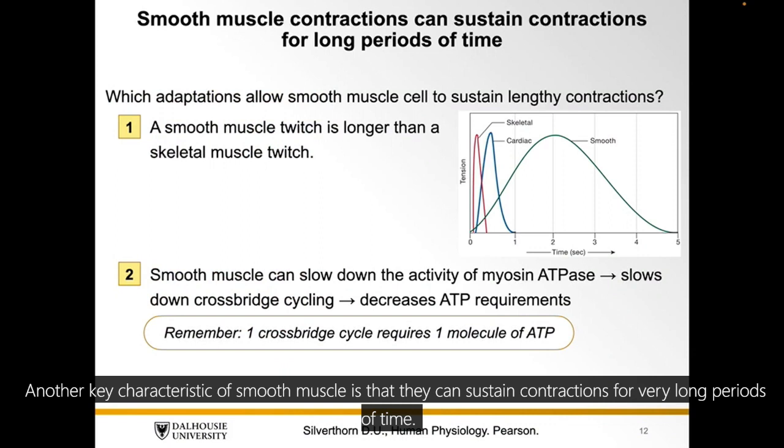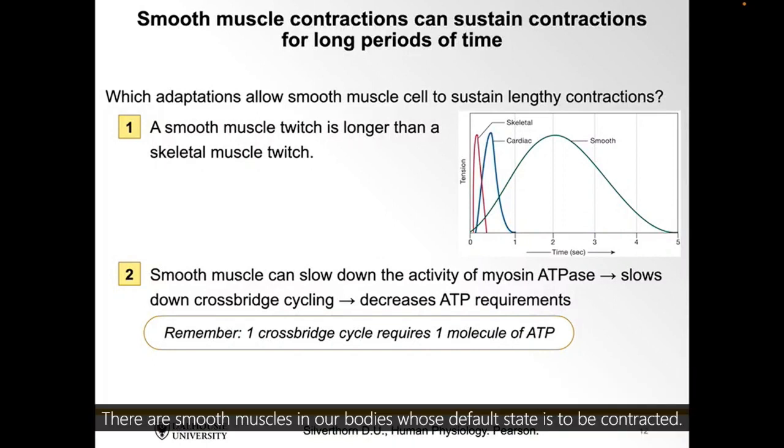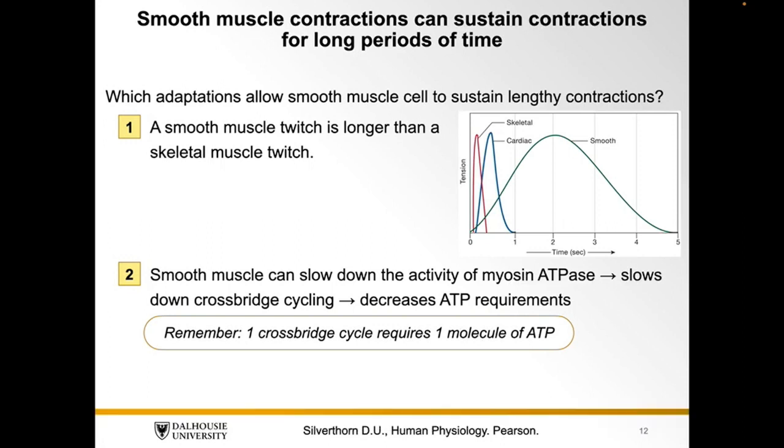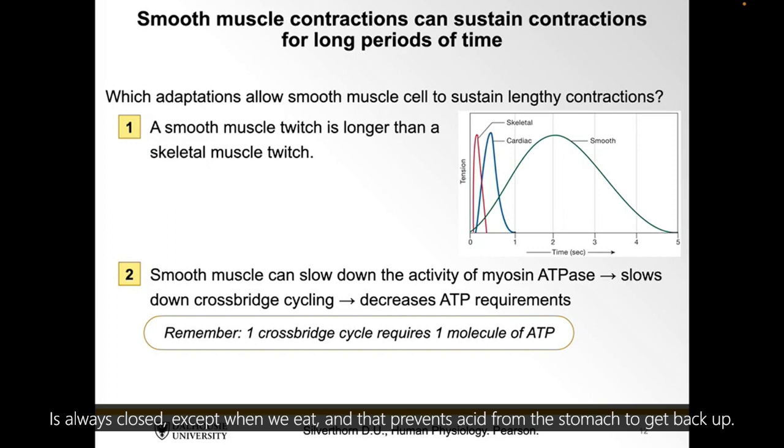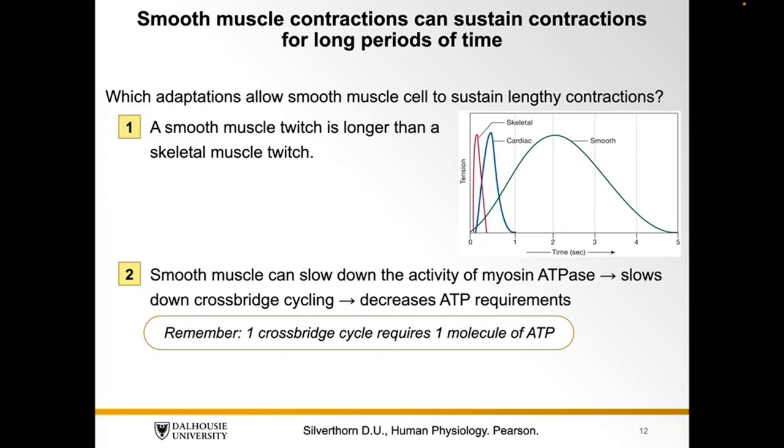Another key characteristic of smooth muscle is that they can sustain contractions for very long periods of time. There are smooth muscles in our bodies whose default state is to be contracted. The sphincter at the bottom of your esophagus, for instance, is always closed except when we eat. And that prevents acid from the stomach from getting back up.